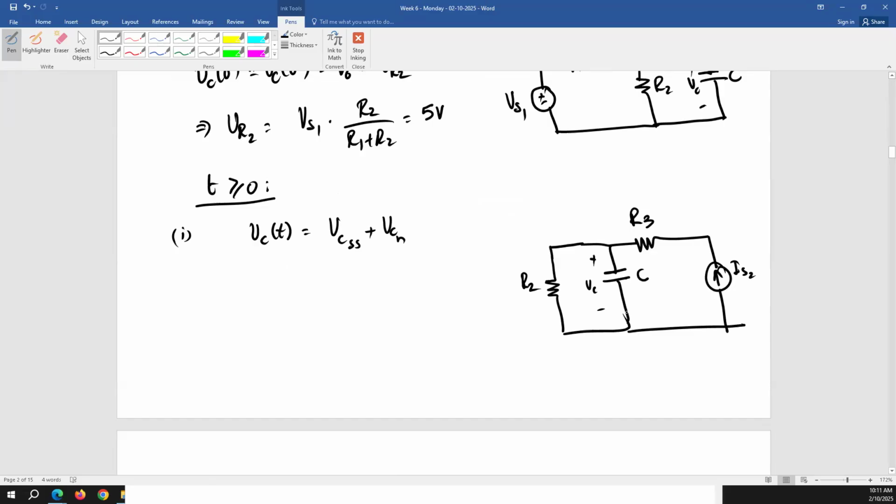All right. Next question, what is going to be the steady state value of the capacitor voltage? Who is going to tell me that? What does steady state mean? What's going to happen to the capacitor at steady state?